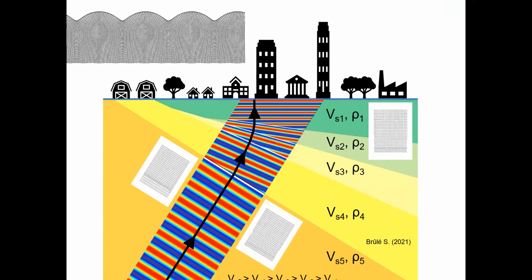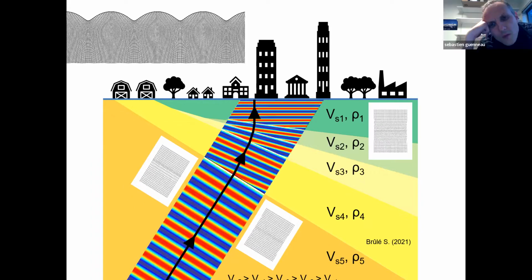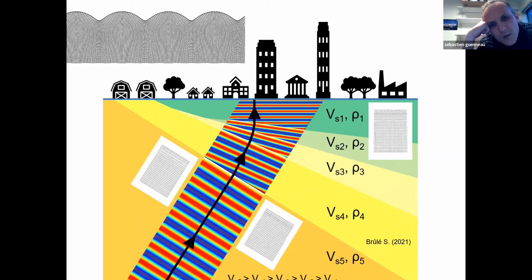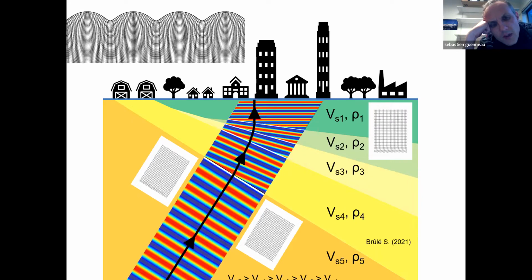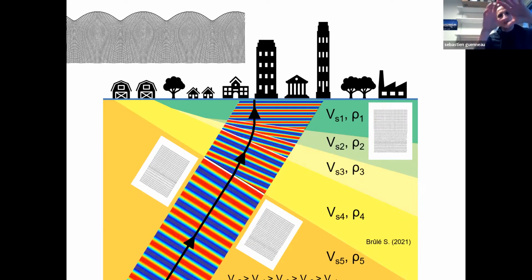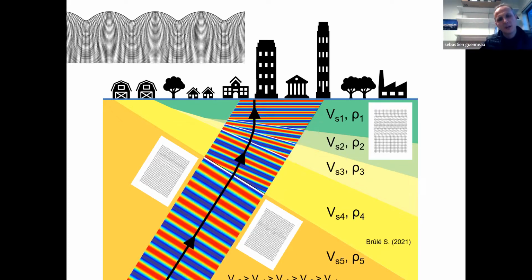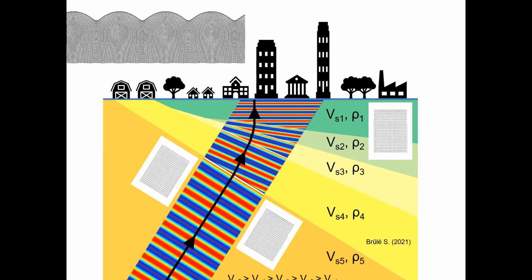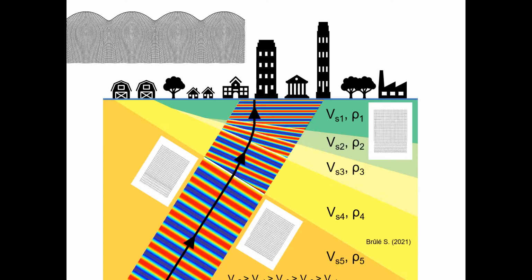In fact, my question is, what is the fundamental frequency of this basin? The fundamental frequency is given by the very large yellow area, not only by the green. We can observe two frequencies.